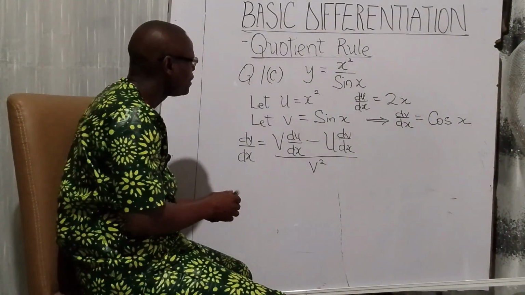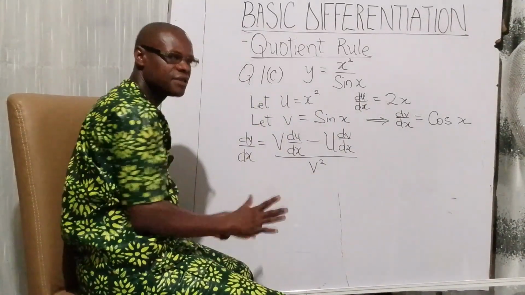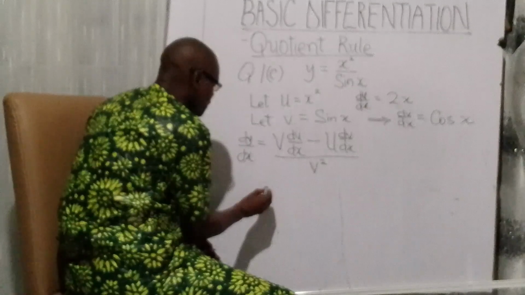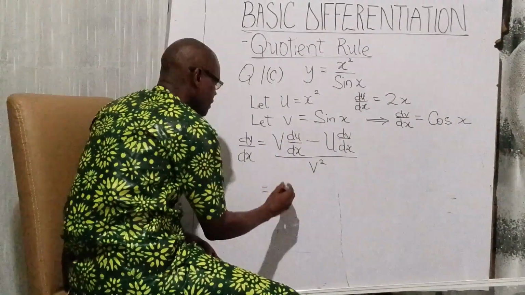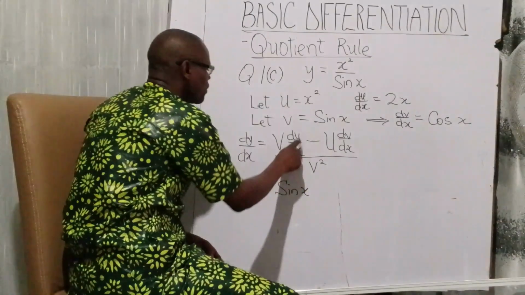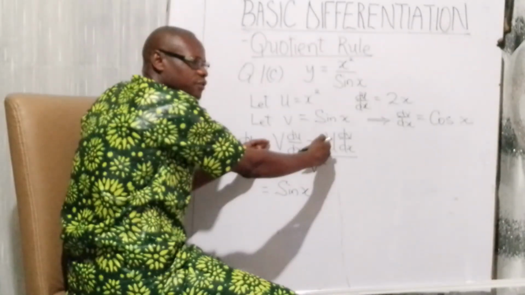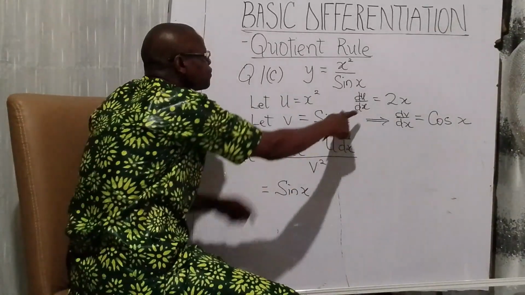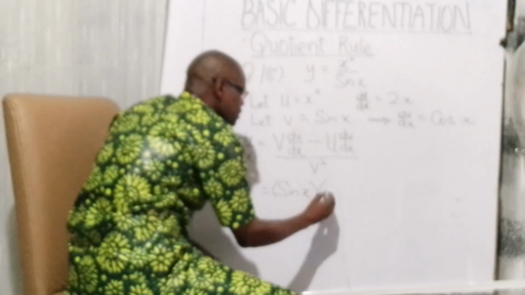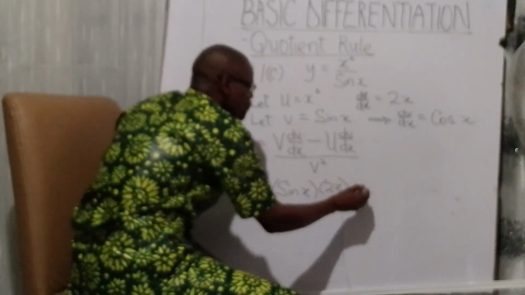Now, let's substitute these expressions in our formula. It's very simple. Our v here is sine x. Our du/dx, we write according to the formula, is 2x, so let's put this in brackets.